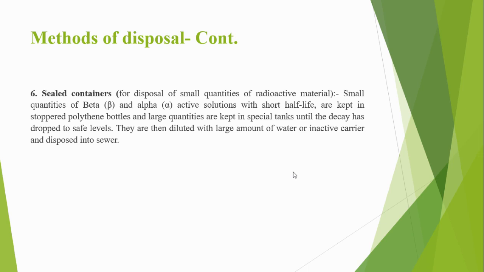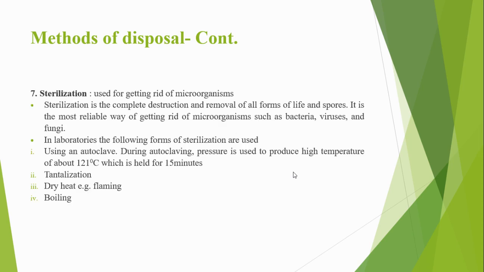This method is used for disposing of waste substances that are likely to produce radioactive radiations, things like alkalis. We dispose of this waste in sealed containers which are airtight so that they don't act as a hazard in the atmosphere.